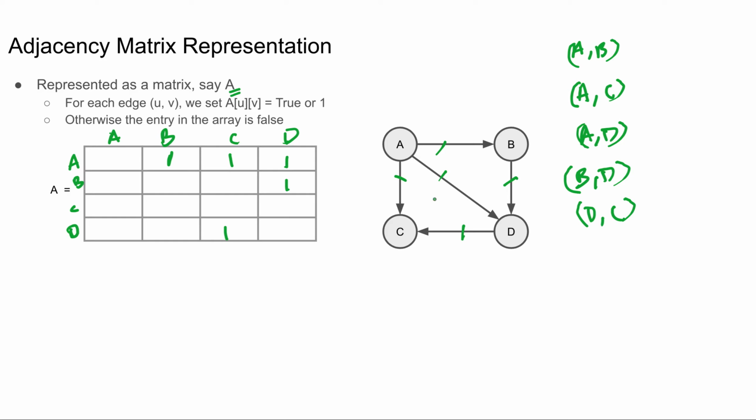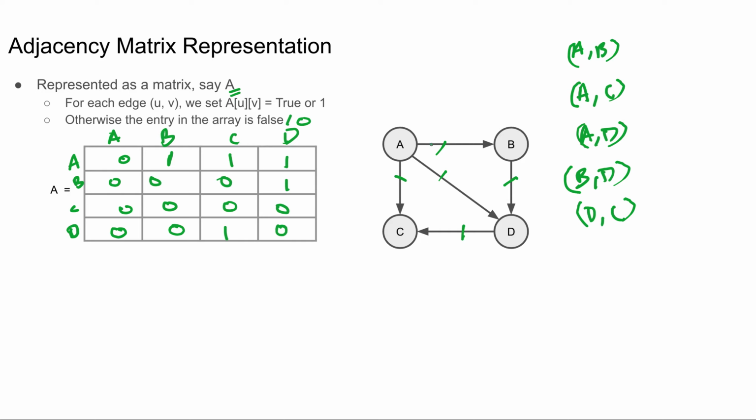We only have 5 edges, so we will have 5 non-zero entries in this matrix. Otherwise, all the other entries are false or 0, so I am writing these values as 0. So this is one way of representing a graph using the adjacency matrix representation.